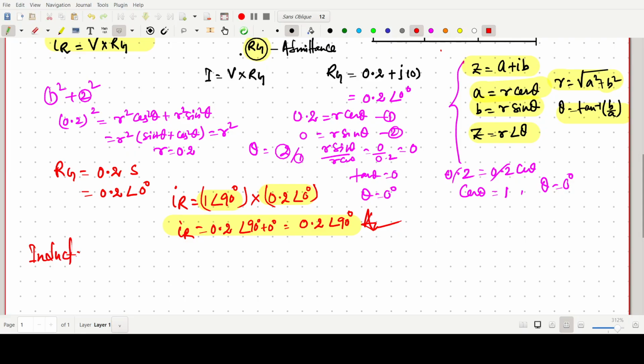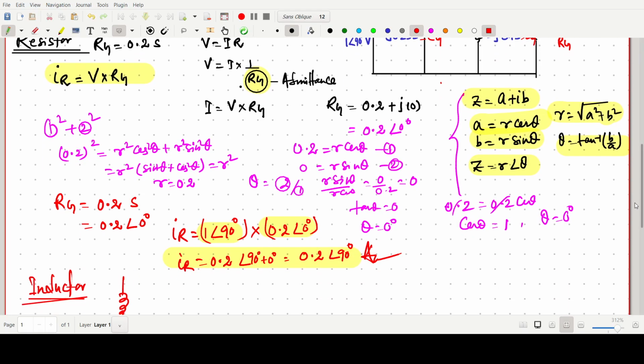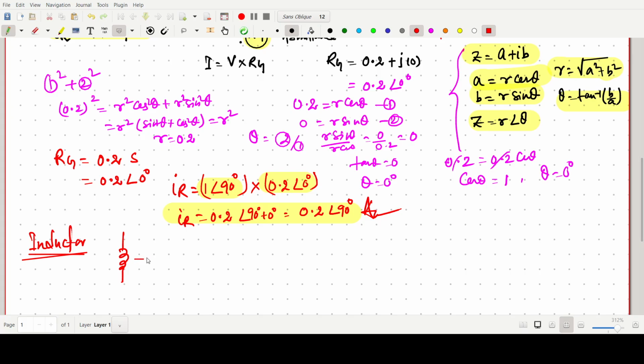I am solving with full basics. For the inductor, the admittance value is given as minus j 0.1 S. So I am saying the admittance term, this Lg value, can be written as 0 minus j 0.1 in Siemens.